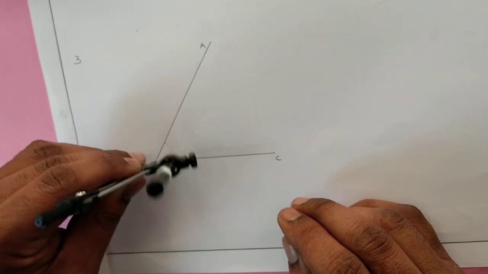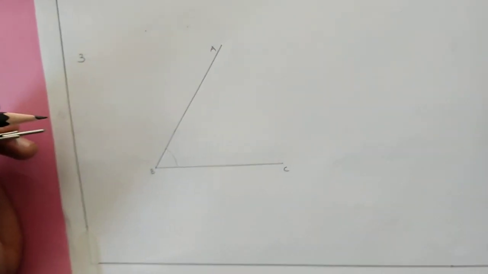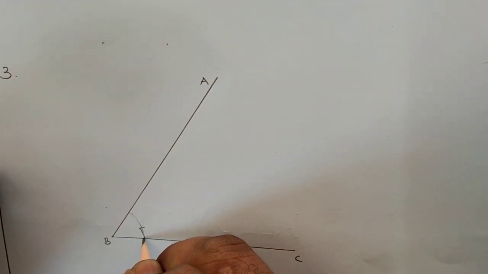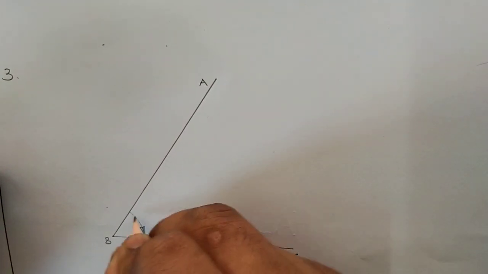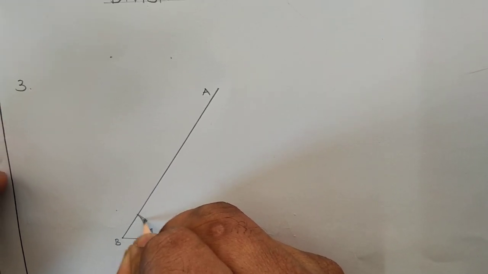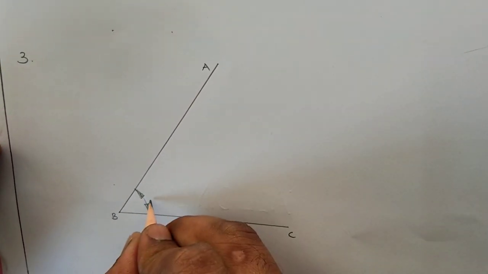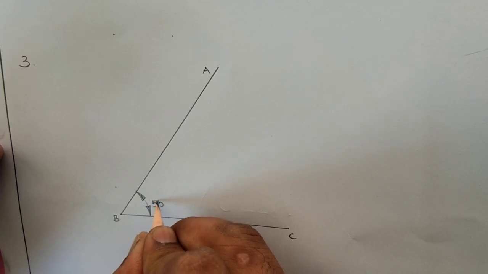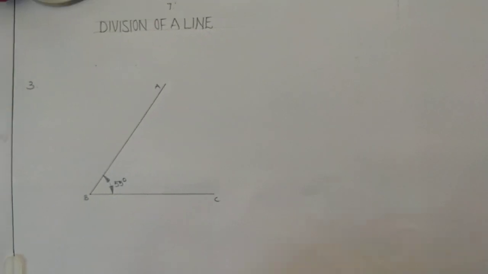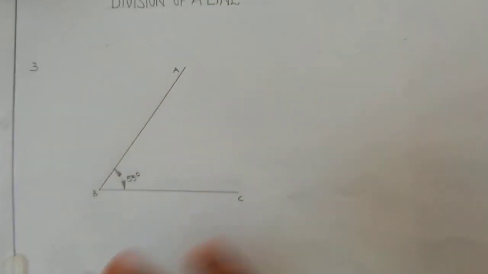So just construct the arc in this way. Then we can show the arrowhead, constructed with free hand. And this is 55 degrees. We can mention 55 degrees here. That is over, and the initial given data is done.